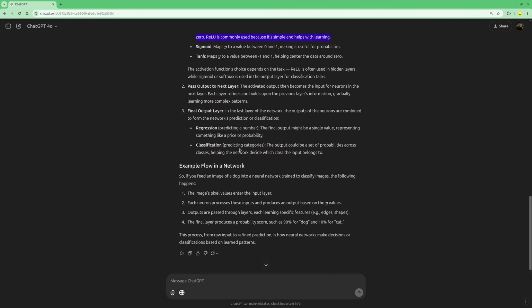Okay. I'm feeling the puzzle in my mind. Okay, the book says the same thing. We compute the weighted sum of the inputs and the weights, and this is called the activation value.